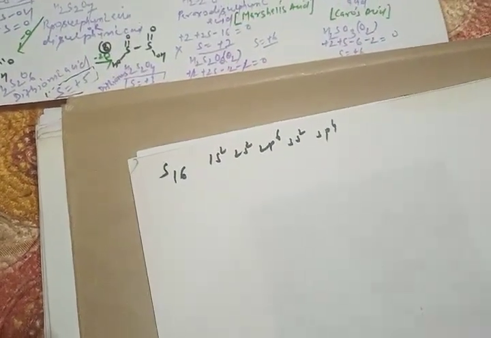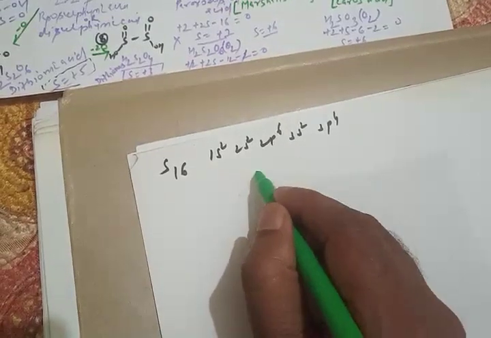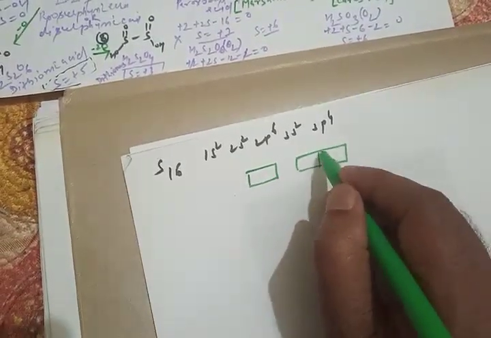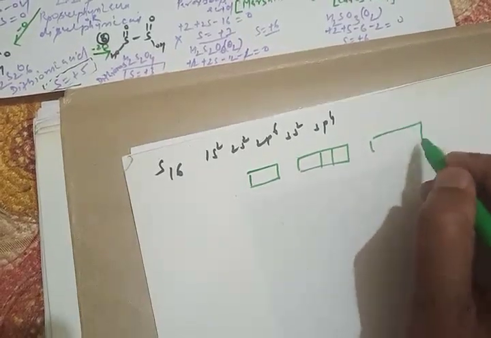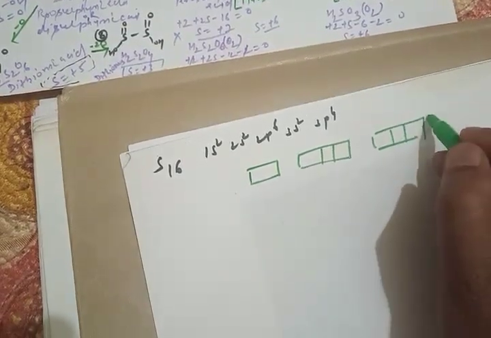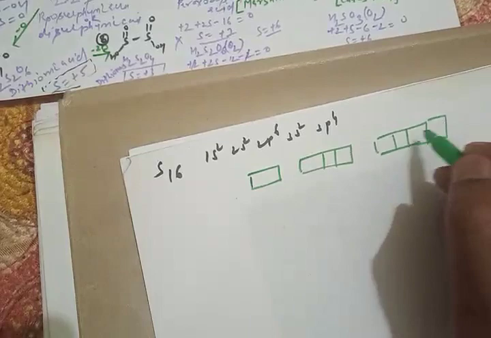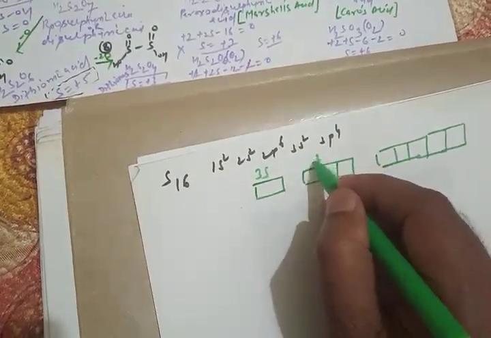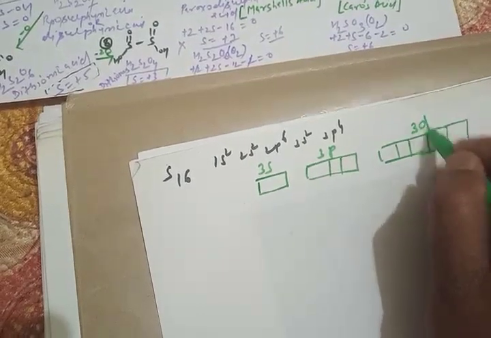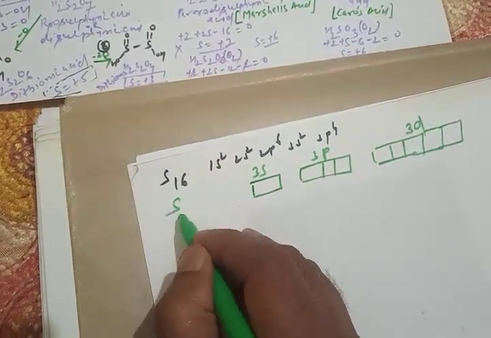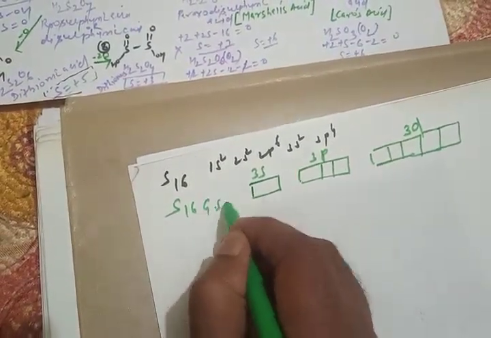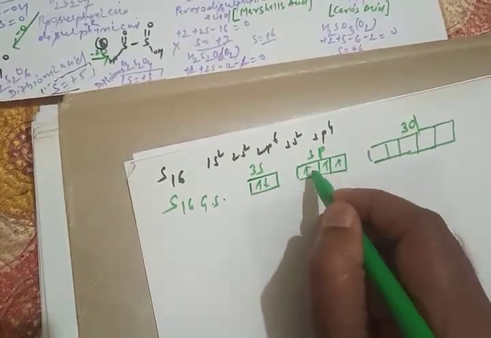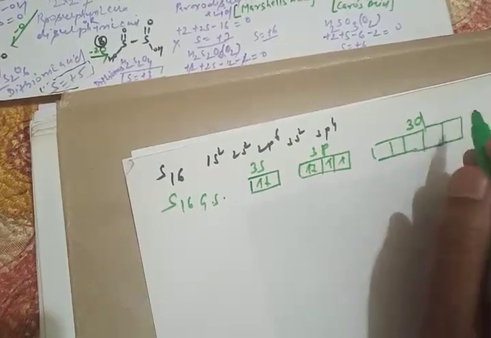So we will write the last electronic shell, that is 3s2 and 3p4, and this is 3d. So this is 3s, 3p and 3d. Sulfur 16 at ground state has 1 2 3 4, and this is vacant.